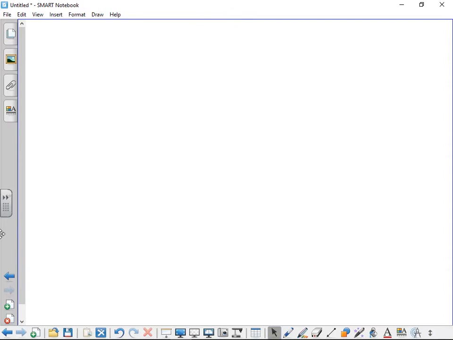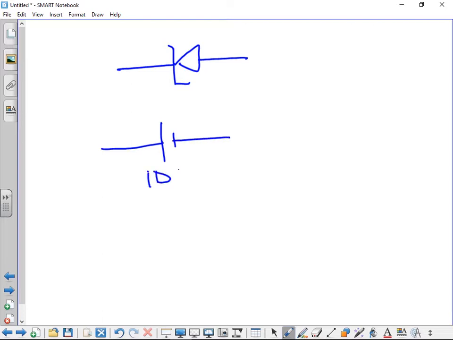Now, let's look at the equivalent circuit of a Zener diode. If we look at the symbol of a Zener diode, this is what we have. An equivalent circuit of a Zener diode is this one here, which represents an ideal situation.